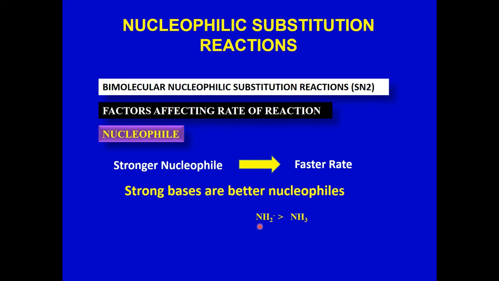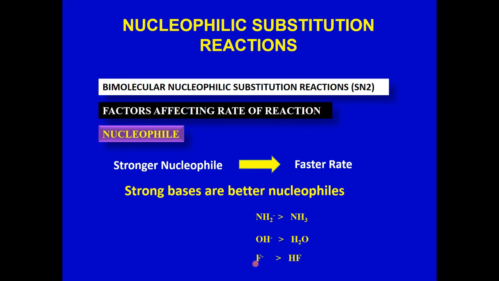That is why this anion is a better nucleophile, giving a faster rate of reaction than ammonia. Then we have the comparison between hydroxyl anion and water. Water can act as a nucleophile, but it's a neutral, stable molecule, while hydroxyl ion is an anion, and of course it will be less stable and more reactive.